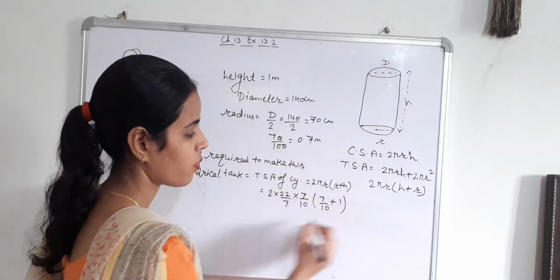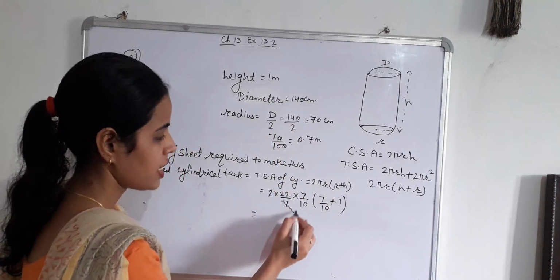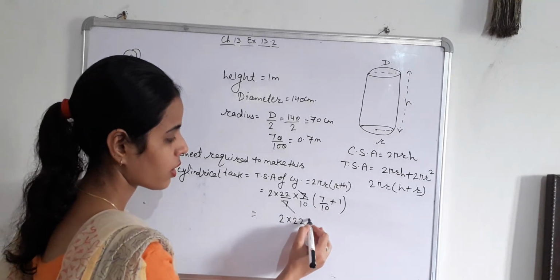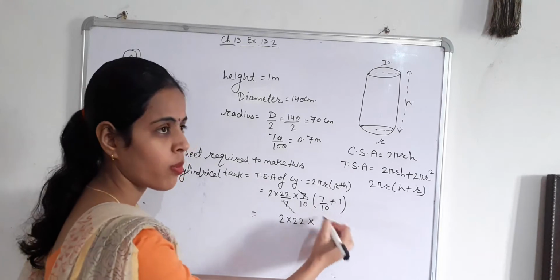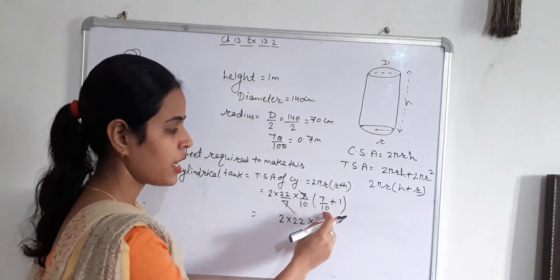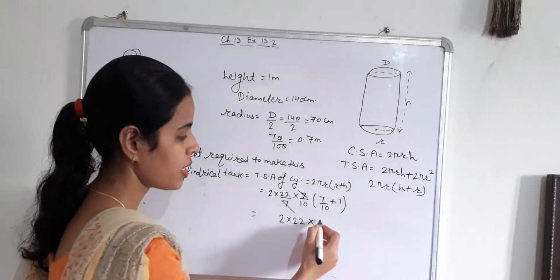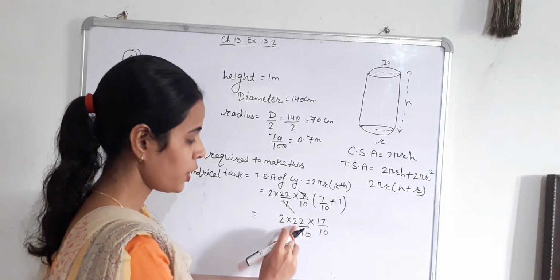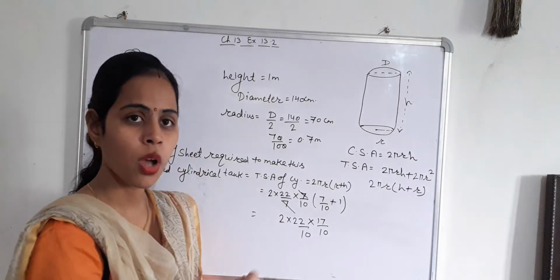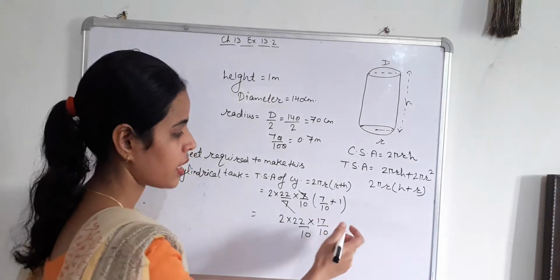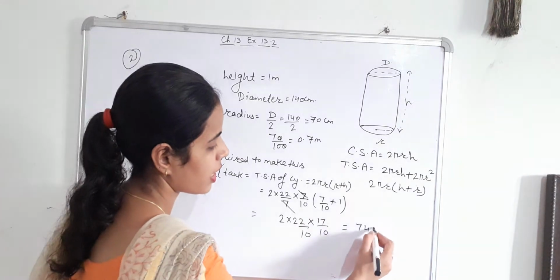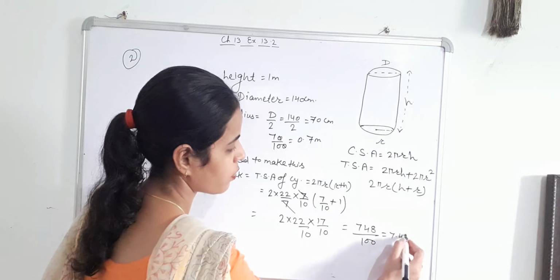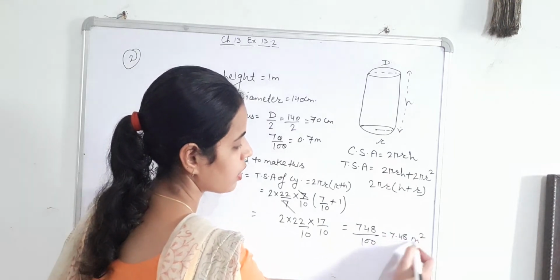H is 1. 7 is cancelled by 7. 2 into 22. This term can be solved by taking LCM. 1 multiply 10, 10. 10 plus 7, 17. 17 upon 10. 22 into 2, 44. 44 into 17 will be equal to 748 upon 100 equals 7.48 meter square.